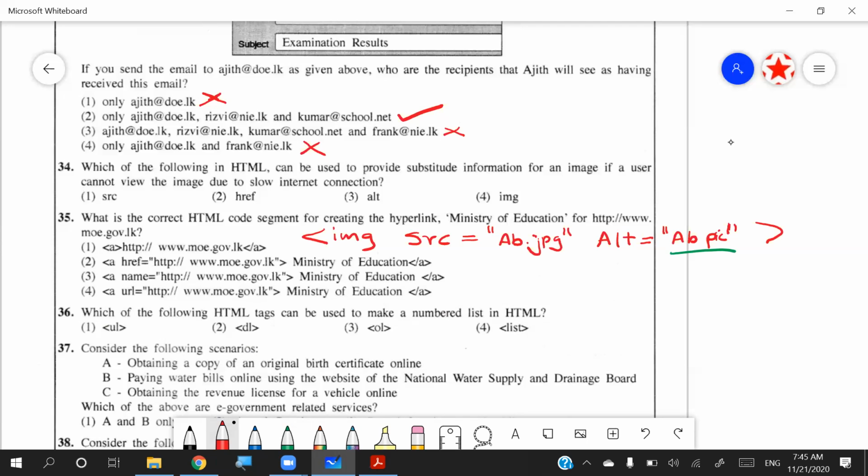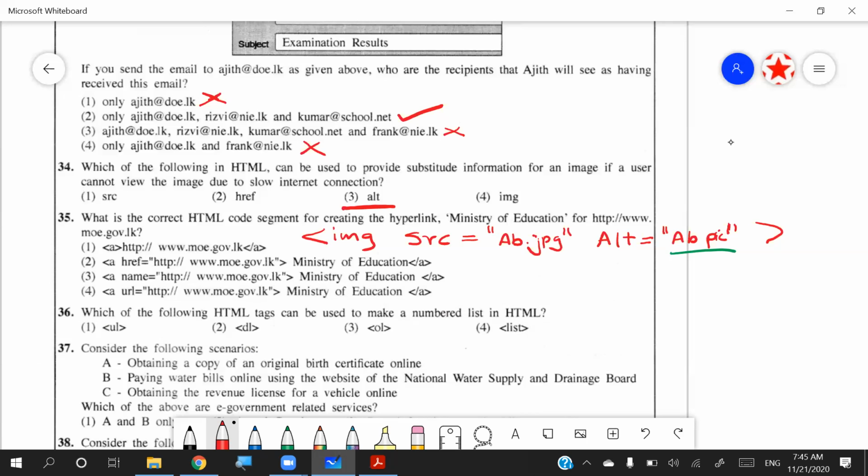So it can be a slower internet connection, it can be a corrupted image, it can be the image name is wrong or image extension is wrong, right? Somehow if there is a cause to not display the image, and if you are given an alternate text, that particular alternate text will be displayed. So for this particular question, the answer is going to be ALT.